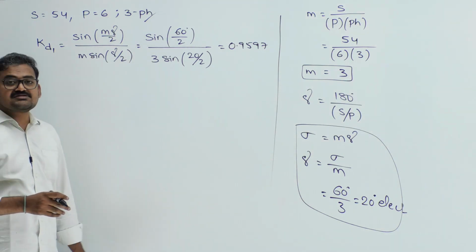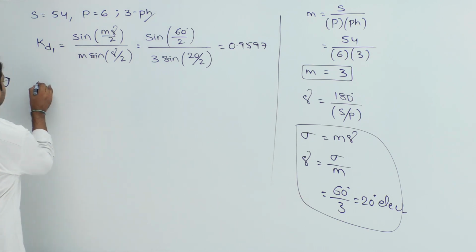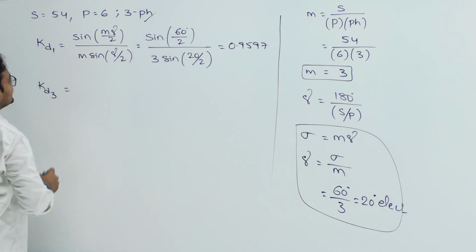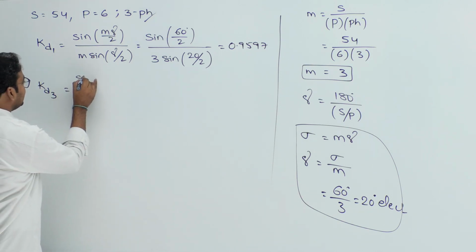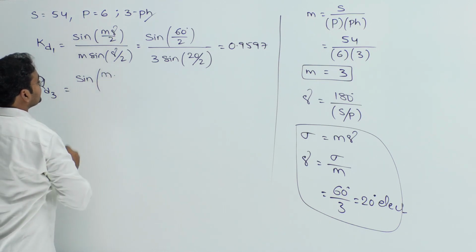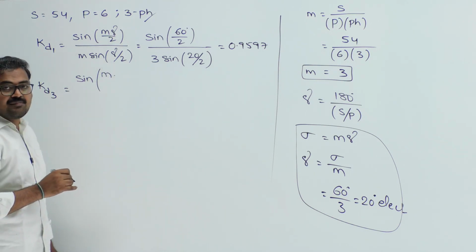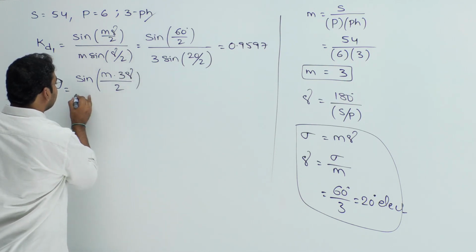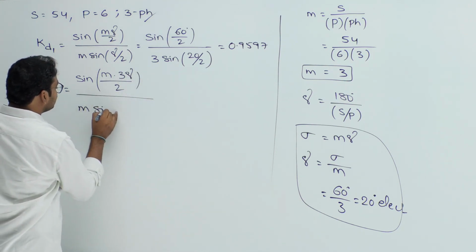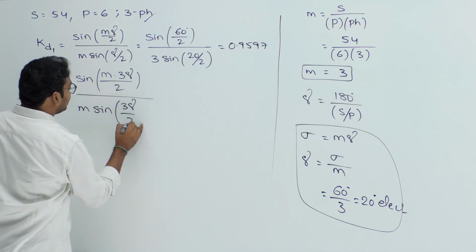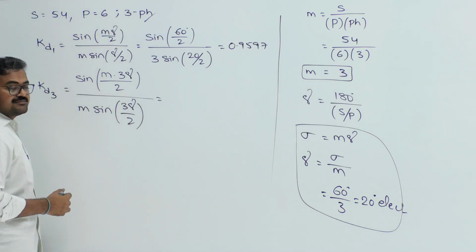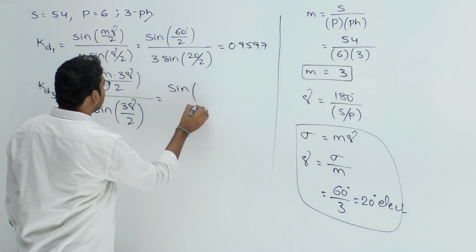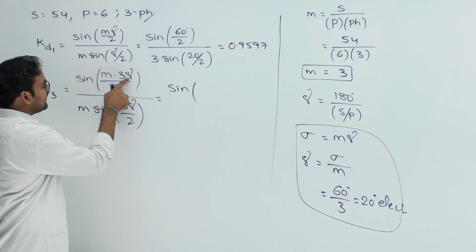Similarly, calculate the distribution factor for the third harmonic. What is the formula for the third harmonic distribution factor? If the fundamental space angle is gamma, for the third harmonic it is 3 gamma. So sin m into 3 gamma by 2 divided by m into sin 3 gamma by 2. Just substitute the data. Can I write it as 3 into m gamma?